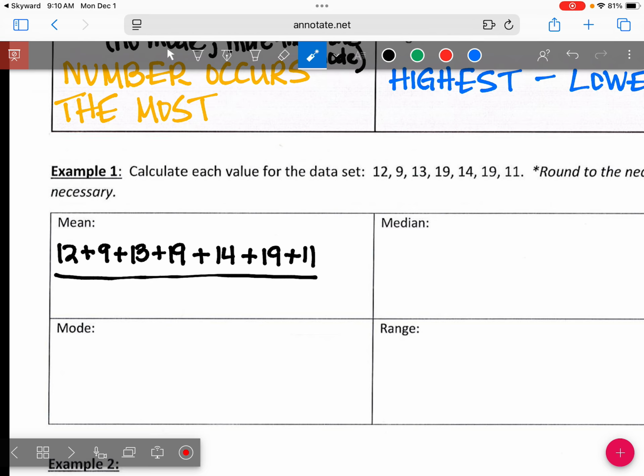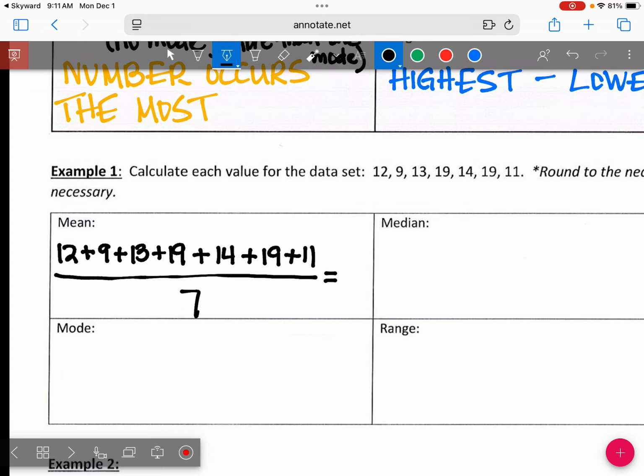So let's count the numbers. We got 1, 2, 3, 4, 5, 6, 7. So go ahead, add up all of these numbers, hit enter, and then divide by 7.